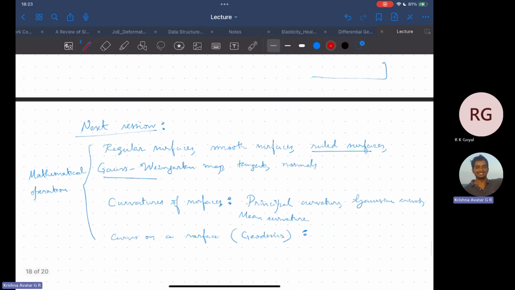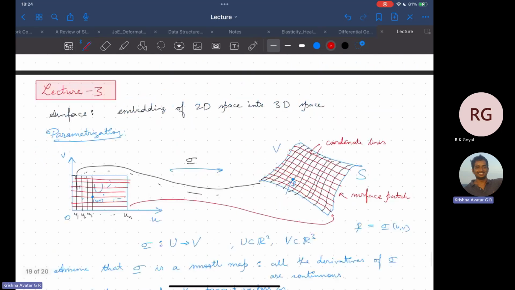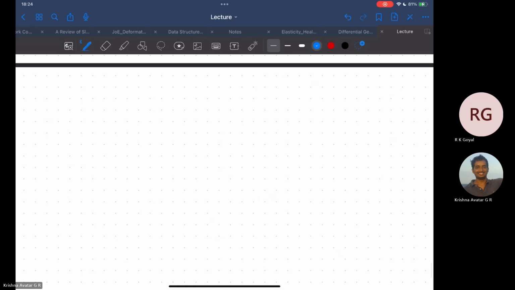Now let's go back to some special surfaces we want to define. Let's look at some common surfaces, some examples.